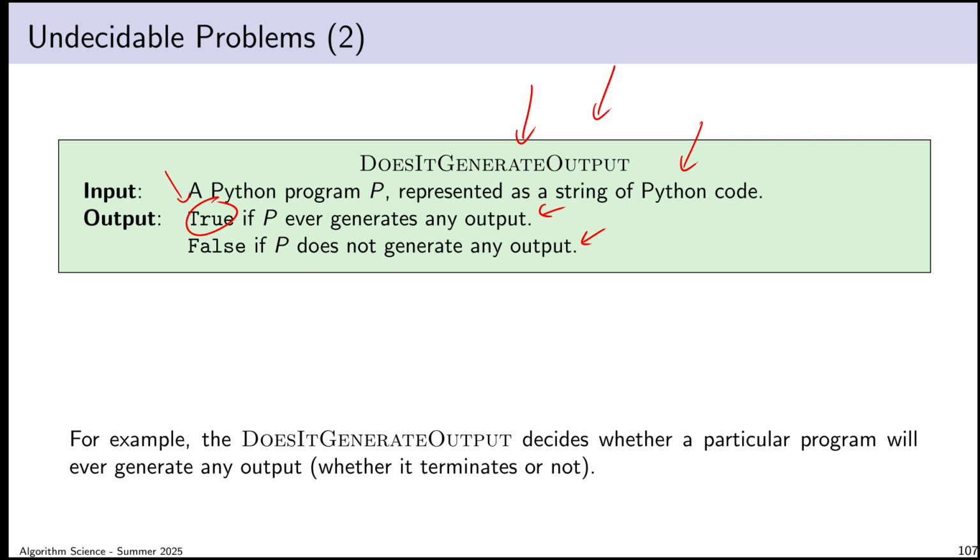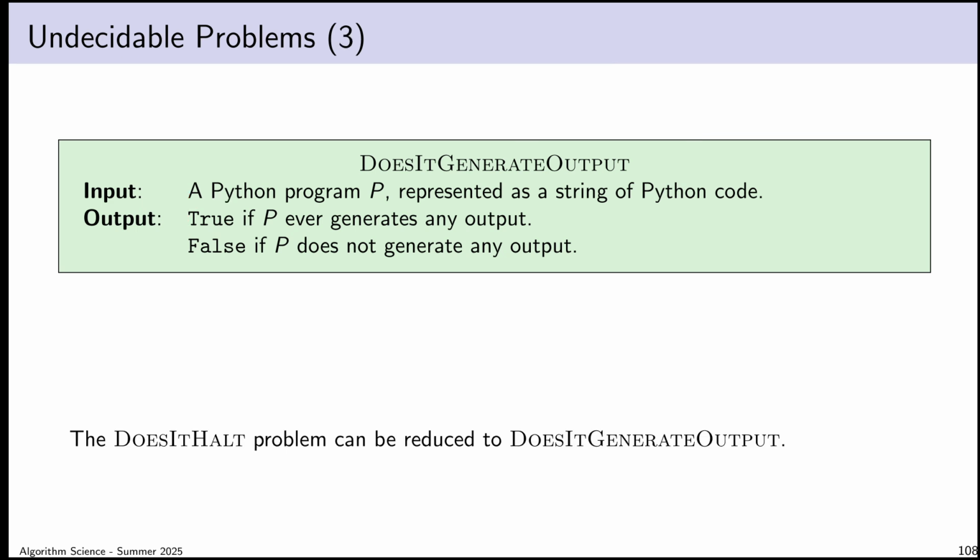And one way of visualizing that or understanding it, and a way I like to use, is again to leverage the idea of simulation. So I can reduce the "does it halt" decision problem to "does it generate output." Now this reduction, by the way, is just a regular reduction, an arbitrary one, not a polynomial time reduction. We're no longer talking about polynomial time. We're talking about, in general, the idea of reducing one problem to another.